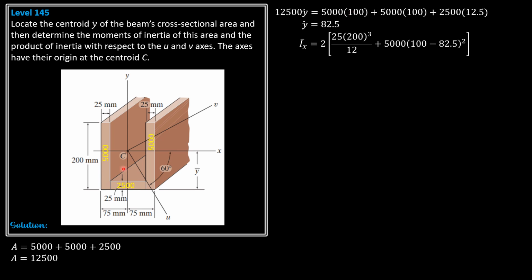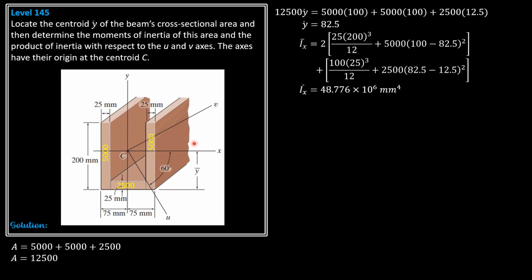Then for the rectangle at the bottom, plus base 100, height 25, so 100 times 25 cubed over 12, plus area 2500 times the quantity 82.5 minus 12.5 squared, where 12.5 is the centroid of the bottom area from the bottom. So calculating, Īx is equal to 48.776 times 10 to the 6 mm to the fourth.